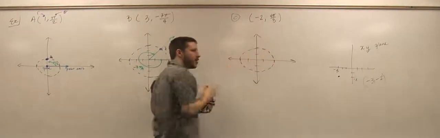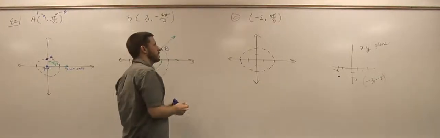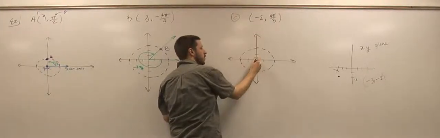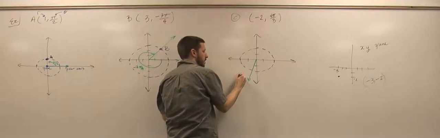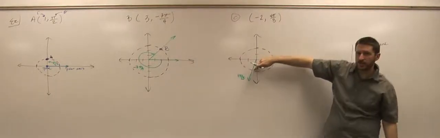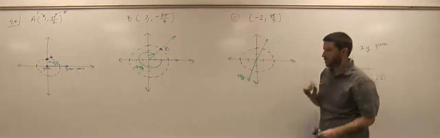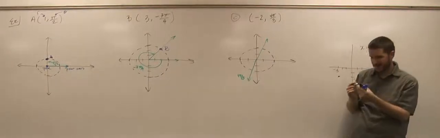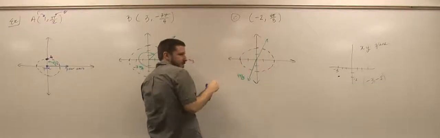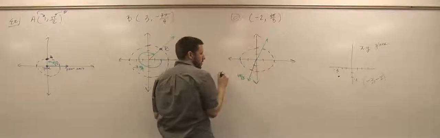But now when you go to the angle 4 pi over 3, where does 4 pi over 3 land? 4 pi over 3 usually lands in the third quadrant, which is down here. But instead of going out your radius 2 in this direction, you go back in this direction. So think of this as kind of our axis. Normally we would go out 2 units on the r-axis like this. 1, 2.